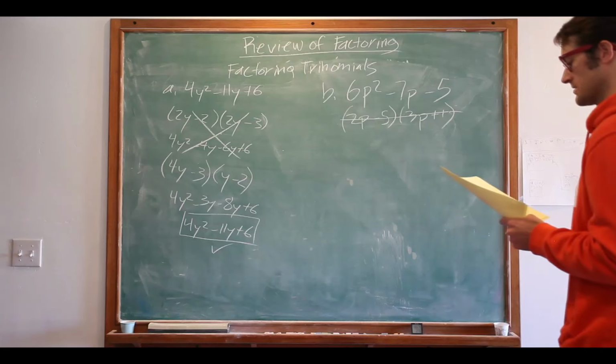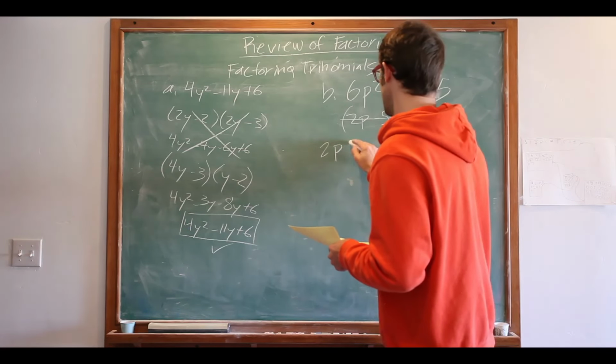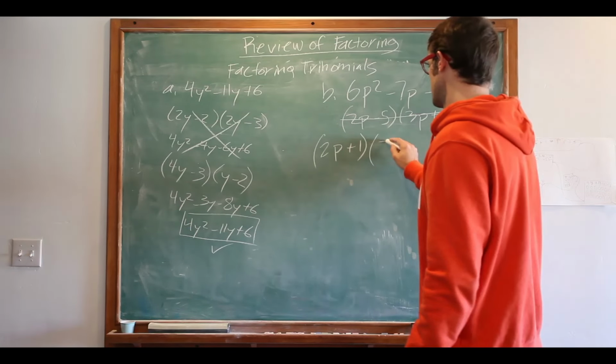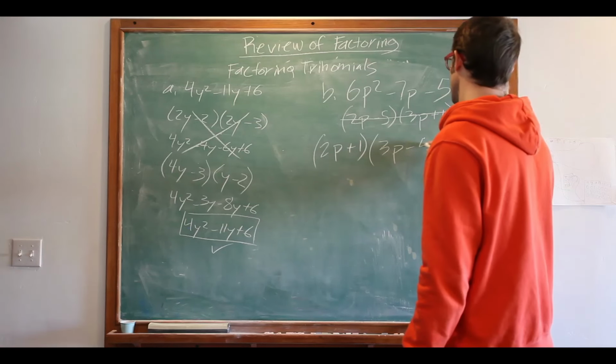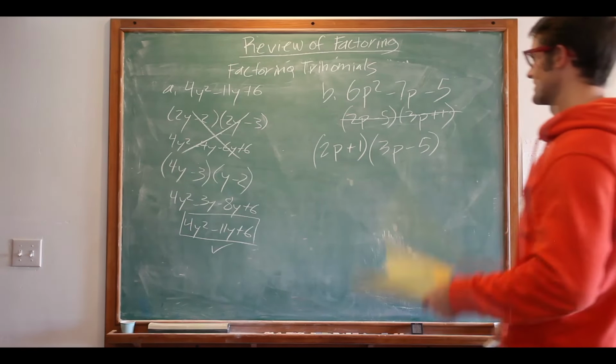So I'm just going to cross that out. So the next idea I tried was 2p plus 1 and 3p minus 5. So you can see, let's see how that goes.